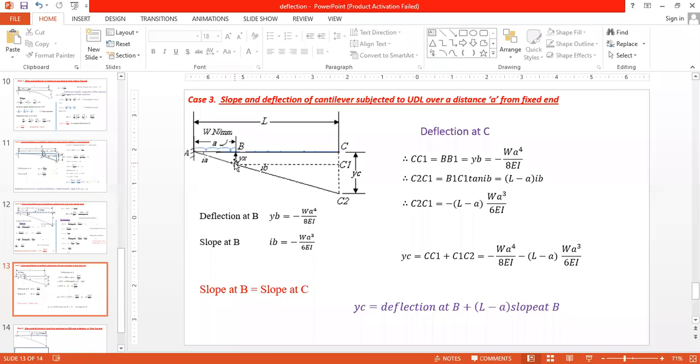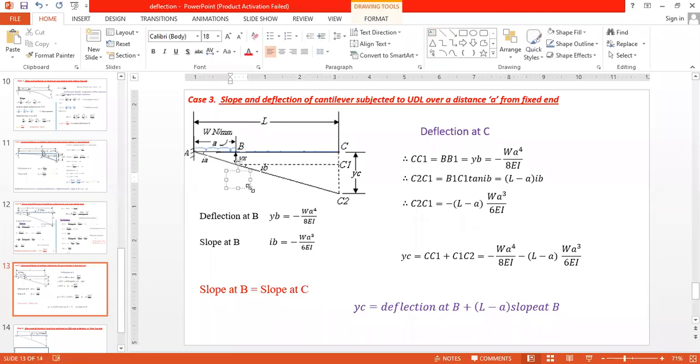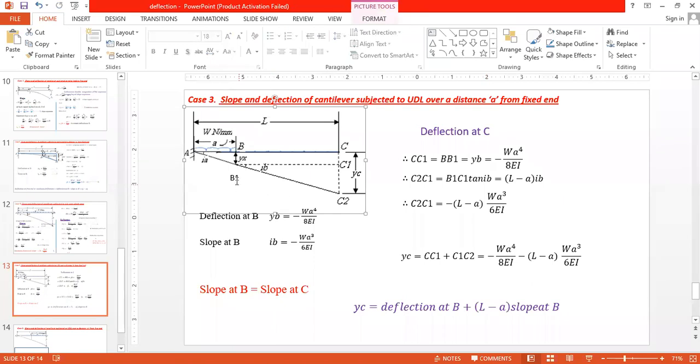Now what I will do, I will draw the horizontal line from b to this vertical line cc2. That means I have a point here, b1, and b1 to c1 is a horizontal line.